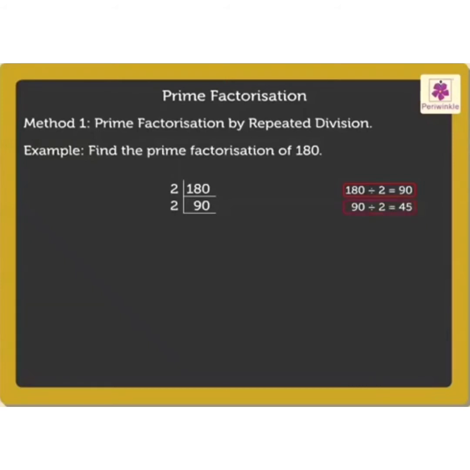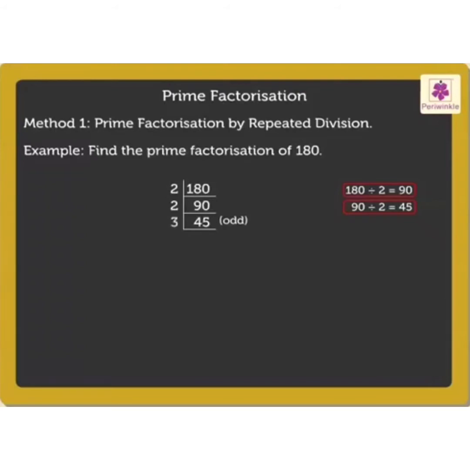Now we have to divide 45 by the smallest prime number. As it is an odd number, it is not completely divisible by 2. So now we move ahead to the next prime number, that is 3.